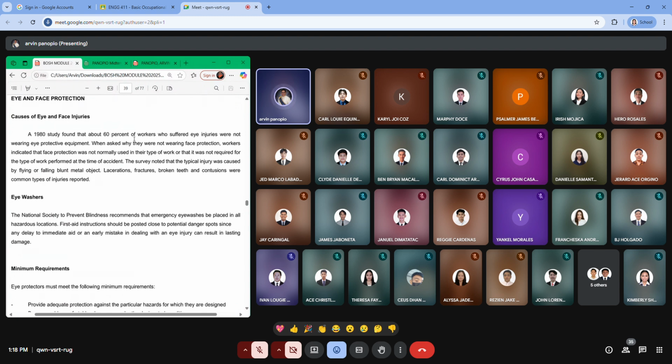Then we have eye washer. Ang eye washer po is kailangan meron sa isang workplace or sa isang area of environment. Why? Because, for example, if you are working in operations with chemicals, natalsikan yung mata mo ng chemical, the first thing to do is hugasan mo agad ang mata mo habang nag-iintay kayo ng iba pang help from the healthcare or medical officers.